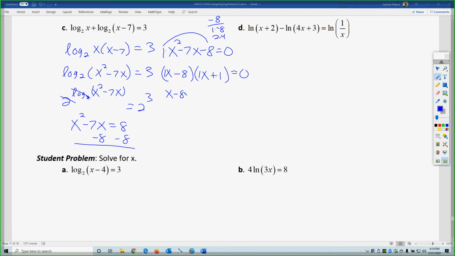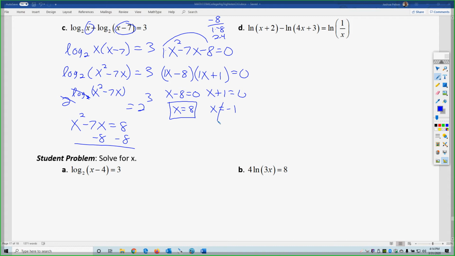So x minus 8 equals 0 and x plus 1 equals 0. So x is 8 or x is negative 1. Well, in fact, x has to be 8 because if you plug in the negative 1, you will get negative 8 here, negative 1 there, and you cannot log a negative number. Therefore, that is not possible. Always look for that when dealing with logs.